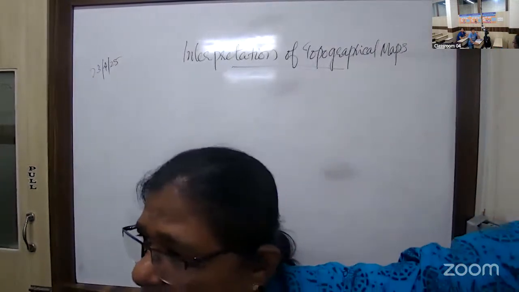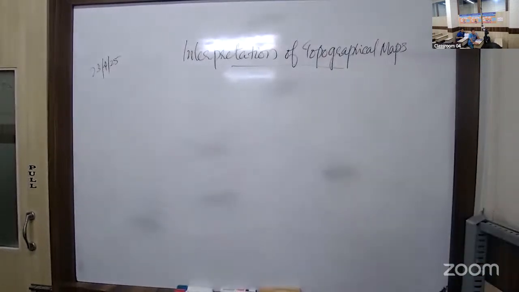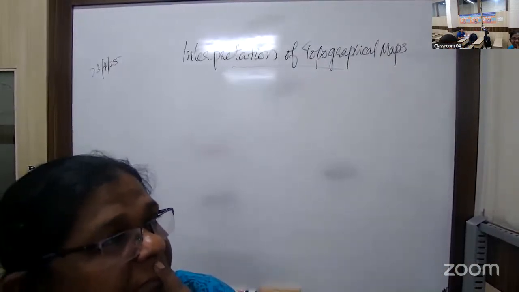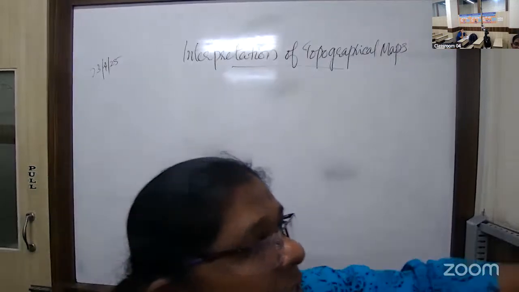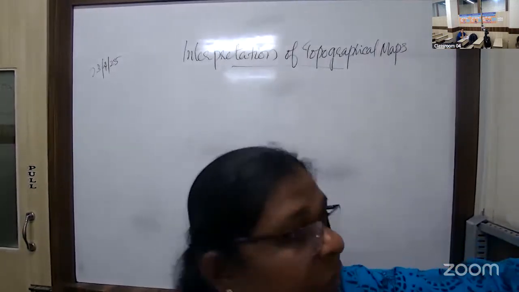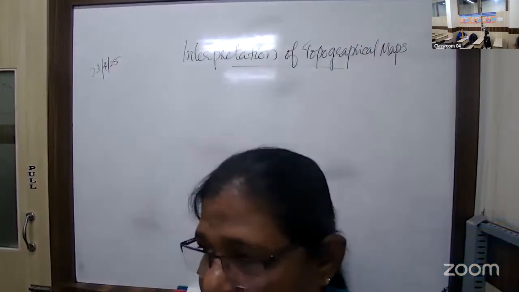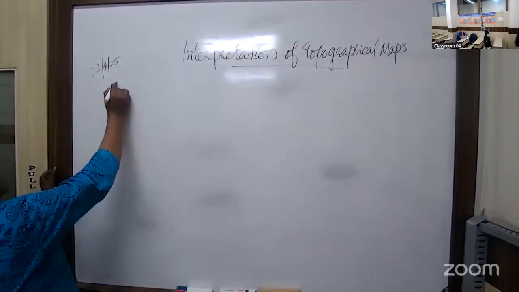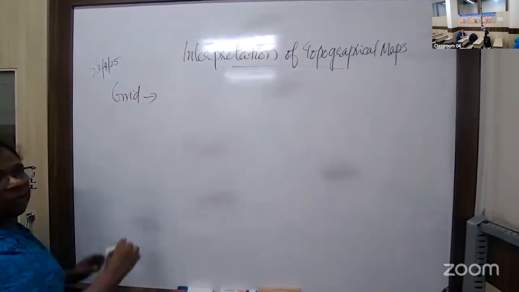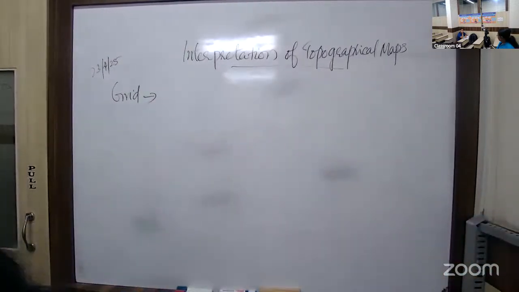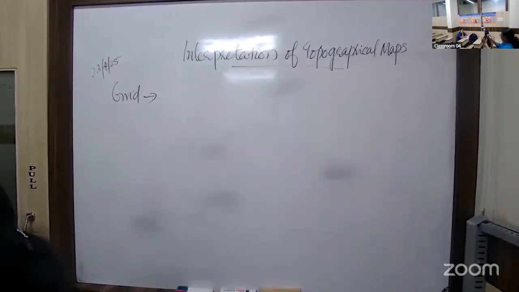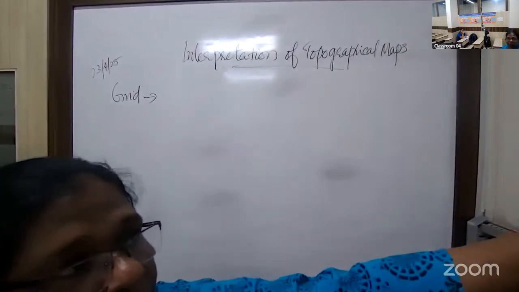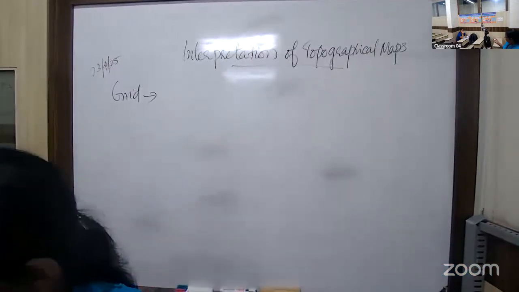A small area cannot be shown in a bigger size. If you want to find a place, this is called a grid. Inside the grid, if you want to find a place, we need to locate or identify it in that grid figure.